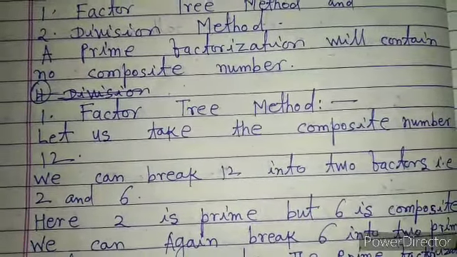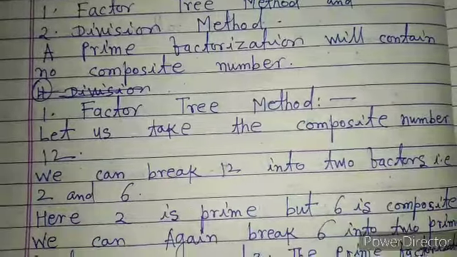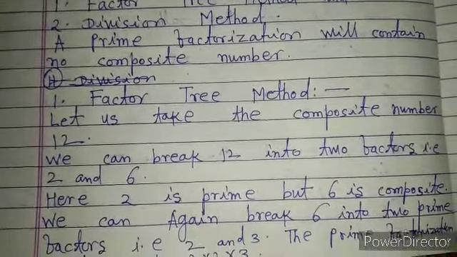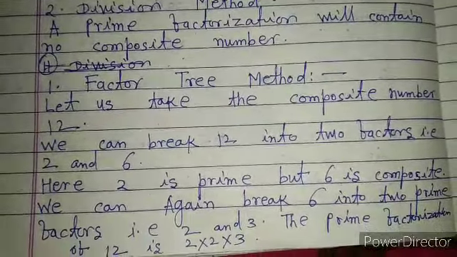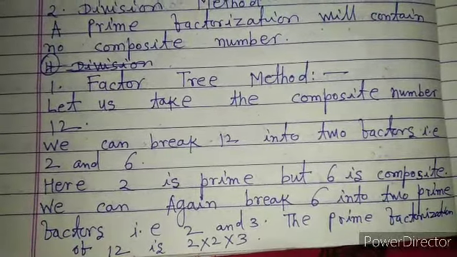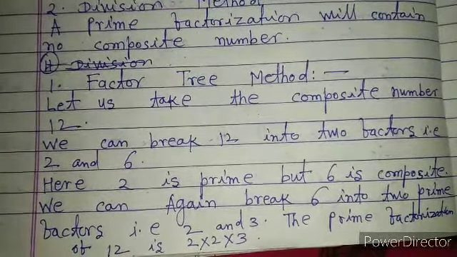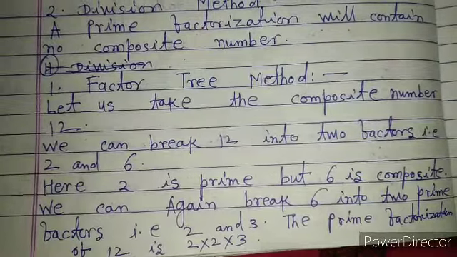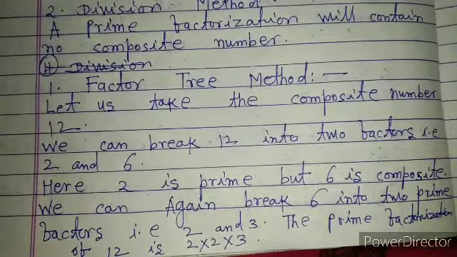Now we look at the factor tree method. The factor tree method is that type of method in which prime factors of a given number are written in the shape of the branches of a tree.